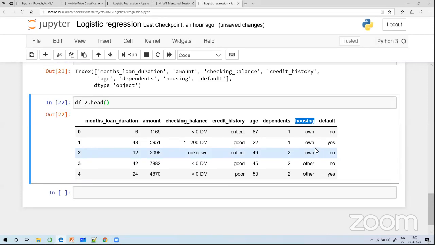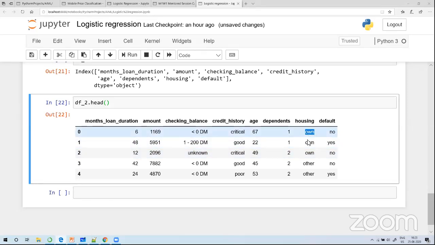Why? Just like in linear regression, to predict y we say y is equal to some beta naught plus beta 1 x plus something, and so on. But if beta 1 is multiplied by credit history, which takes values like critical, good, poor, how can you use this character data in a mathematical equation?